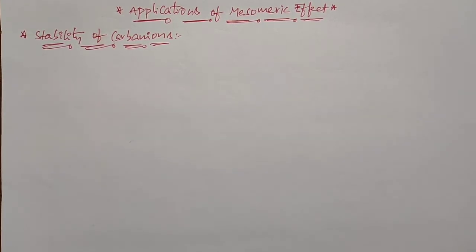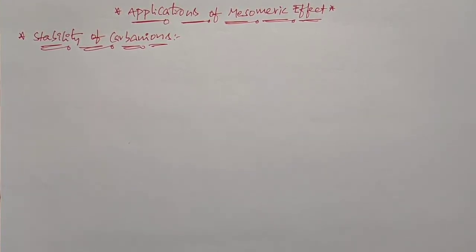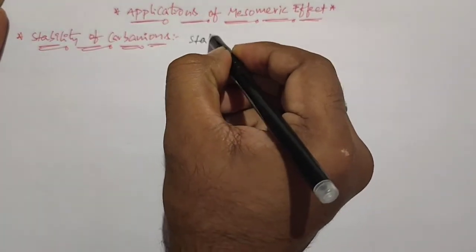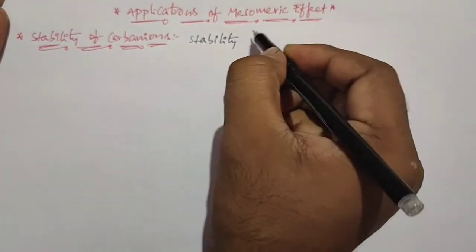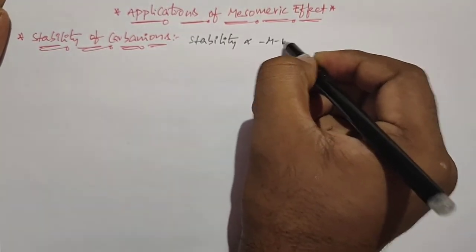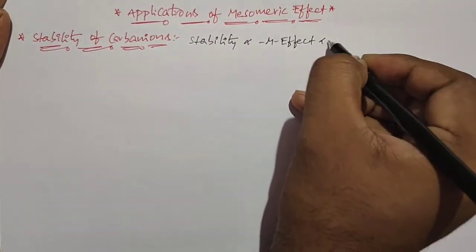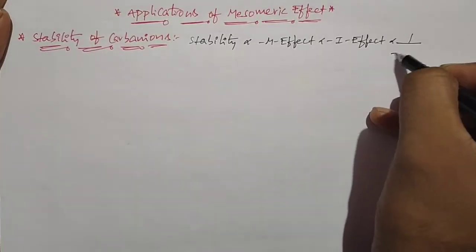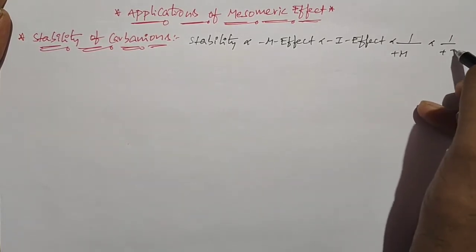So in this video we are discussing the next application of mesomeric effect, that is the stability of carbanion. Generally the stability of carbanion is directly proportional to minus M effect, minus I effect and extent of resonance, and inversely proportional to plus M effect and plus I effect.